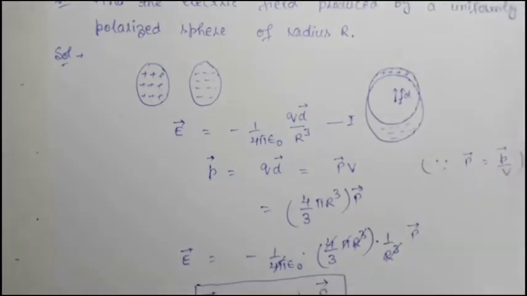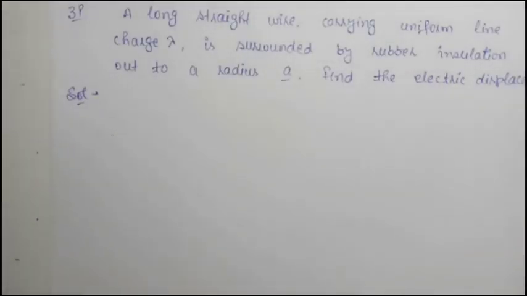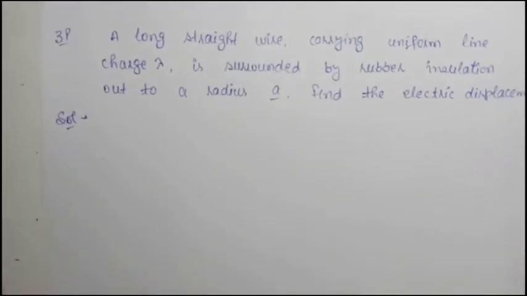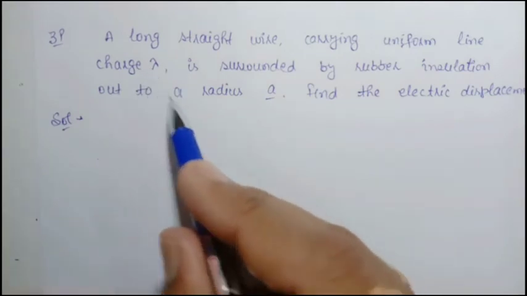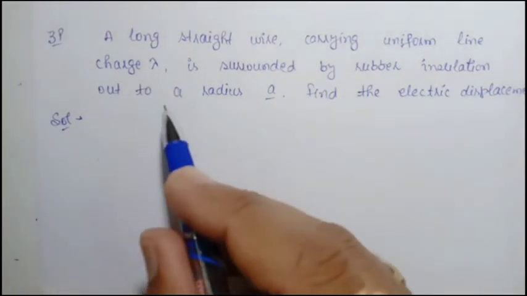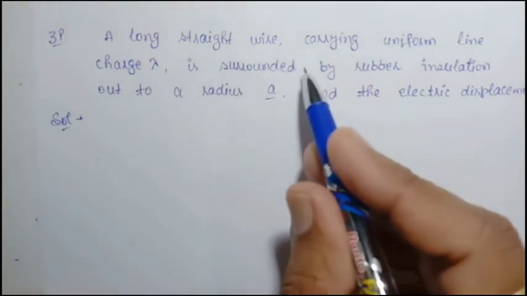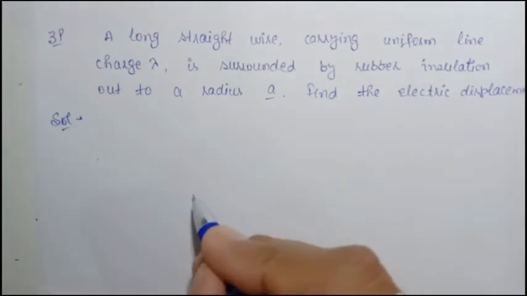Then the next problem: suppose we have a long straight wire carrying uniform line charge lambda, surrounded by a rubber insulation out to a radius a. Find the electric displacement. I'll repeat the same. A long straight wire carrying uniform line charge.